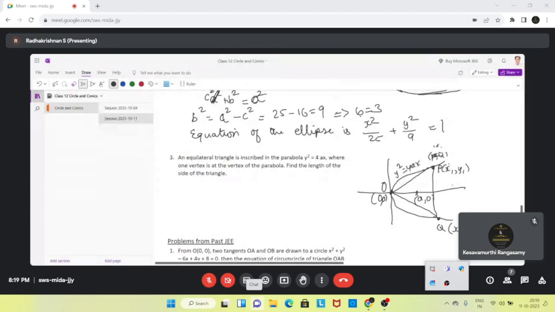In these cases, we can use the parametric form. So suppose this is x1, so this will be square root of 4ax1.